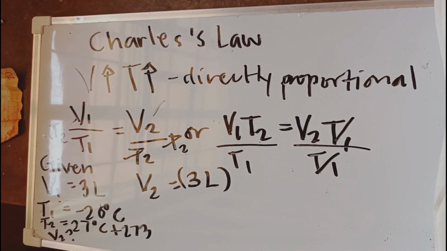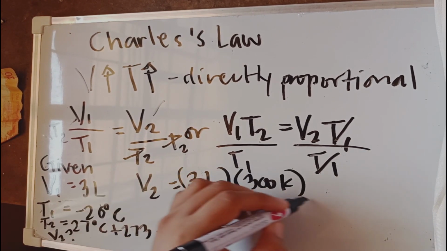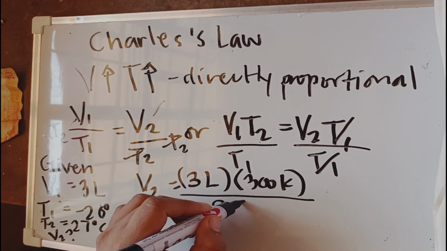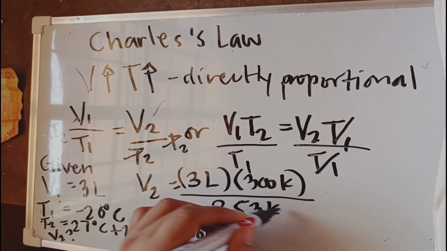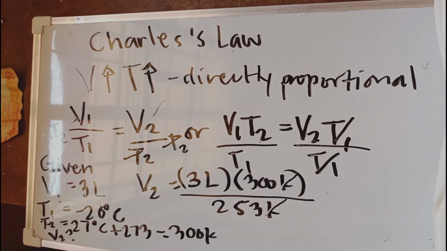So 27 plus 273 is 300 Kelvin. Then divide by negative 20 plus 273, which is 253 Kelvin. The Kelvin will be cancelled out since it's division, and you'll have liters in the answer.